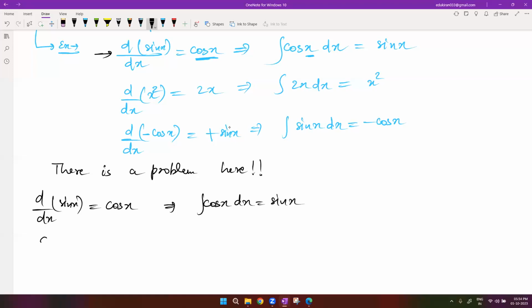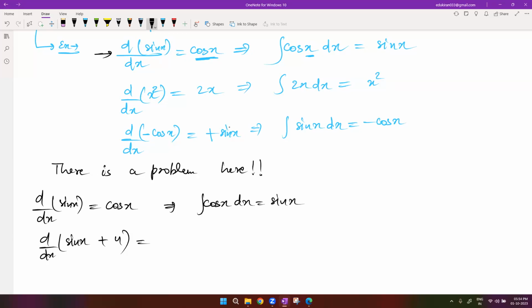Now, what is the differentiation of sin x plus 4? cos x. If we are adding 4, does that change our answer? No, right? And I could have subtracted as well.